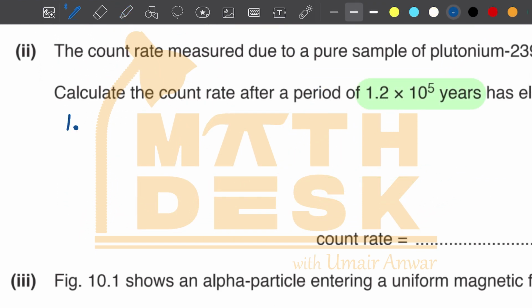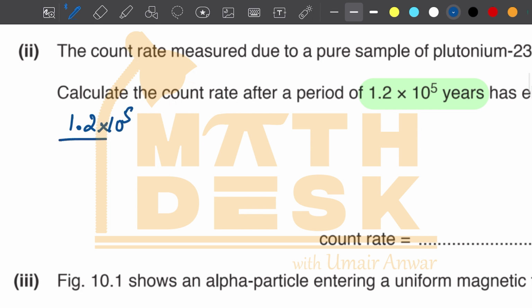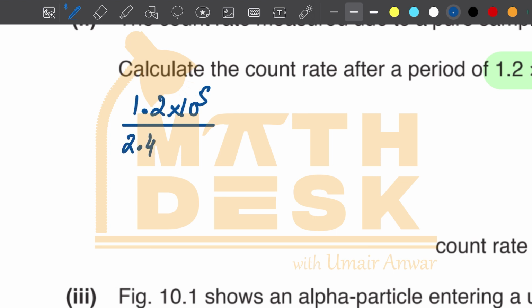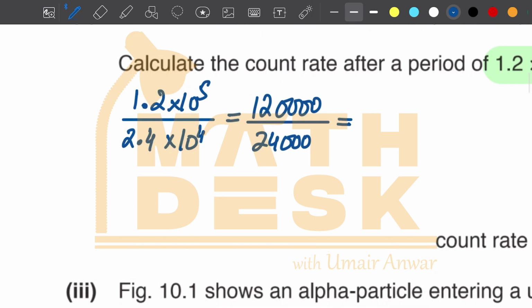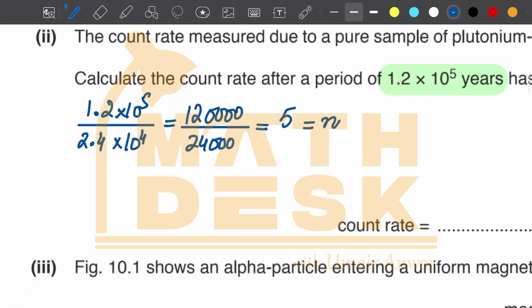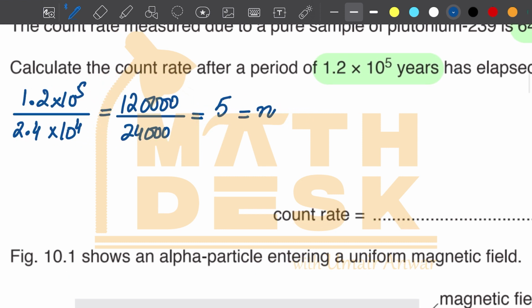If we take this value 1.2 times 10 raised to 5 and divide it by 2.4 times 10 raised to 4, then this gives us the number of half-lives elapsed, and the answer from this division comes out to be 5. So it means that there are 5 half-lives involved in the time given to us.